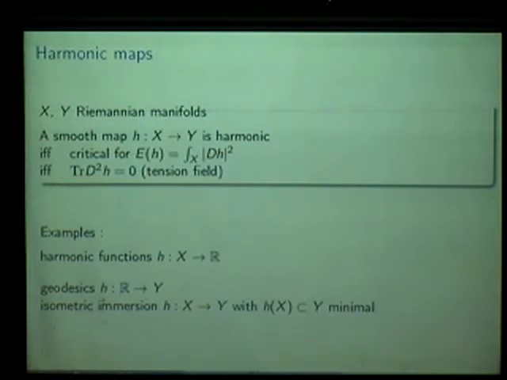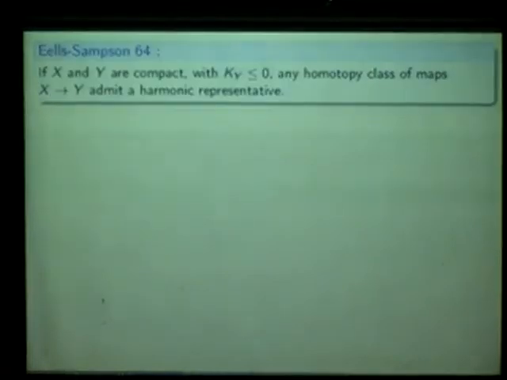This problem was in particular tackled by Eells and Sampson in the early 60s. And they proved that when X and Y are both compact manifolds, the latter having non-positive curvature, then any smooth map between these manifolds is homotopic to a harmonic map.